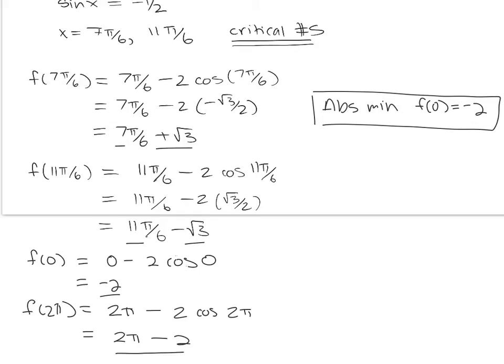I said that 7 pi 6 plus root 3 was the max, but I don't think it's totally obvious. I would actually get decimals for the rest of them to compare, but still give the exact thing as your answer. Does that make sense?